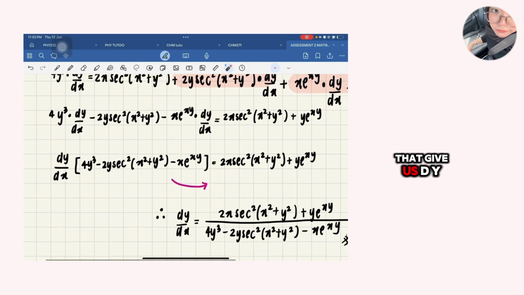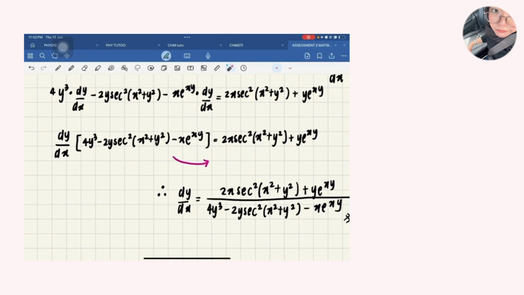Now we're going to factor dy/dx on the left hand side. That gives us dy/dx times the quantity 4y cubed minus 2y secant squared of x squared plus y squared minus x times e to the xy, equals 2x secant squared of x squared plus y squared plus y times e to the xy.